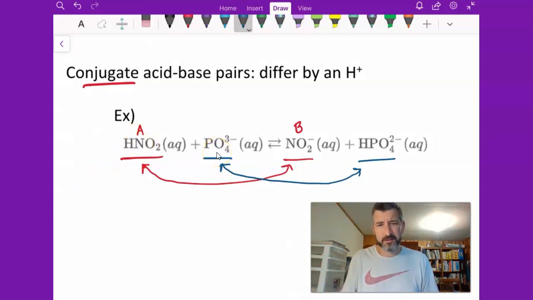The other way to figure it out is simply, if I look at what's happening here, the phosphate, the PO4 3 minus, is gaining or accepting a proton to become HPO4 2 minus. So anything that gains a proton has to be a base. And its conjugate has to be an acid. And we also know that it's an acid because if I look at what's happening in the reverse direction, well, it's donating a proton to become PO4 3 minus. Okay.